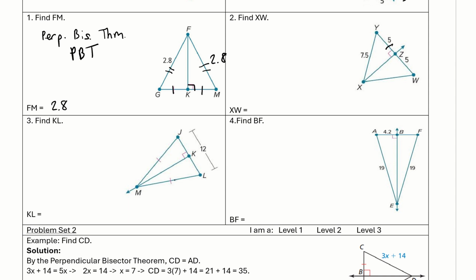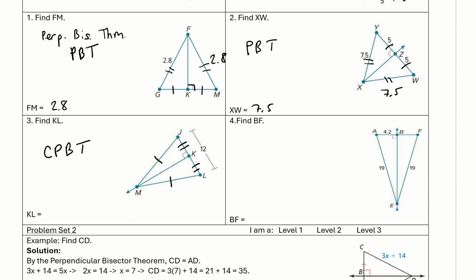This one, now these two are congruent. This is a perpendicular bisector, so therefore these two are congruent. Really straightforward. And that is the perpendicular bisector theorem. All right, and then the next one, these are congruent, so therefore these are congruent. That is the converse of the perpendicular bisector theorem. So CPBT, I'll put for short.